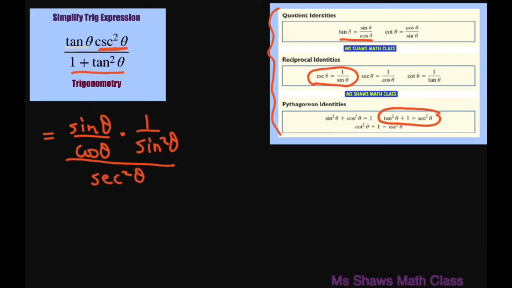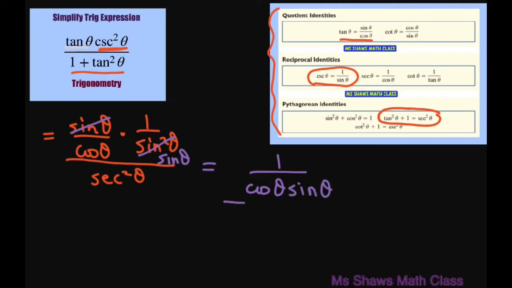Now for this numerator, we have a sine here and a sine squared down here, so I can just write this as sine of theta here. So our numerator is going to end up being 1 divided by cosine of theta times sine of theta.